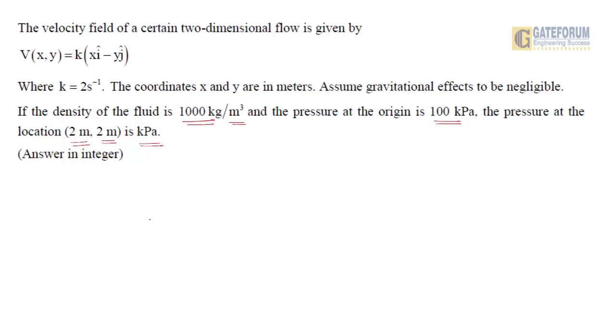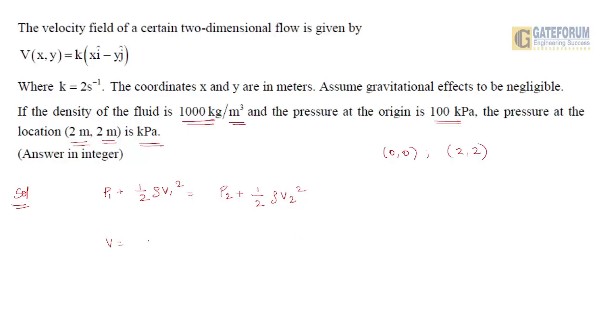Generally, if we are talking about two-dimensional flow, pressure at two particular positions, let it be P1 plus half rho V1 square is equal to P2 plus half rho V2 square, right? So he's asking at 2 comma 2. Initially the origin will be 0 comma 0 and the next point will be 2 comma 2.